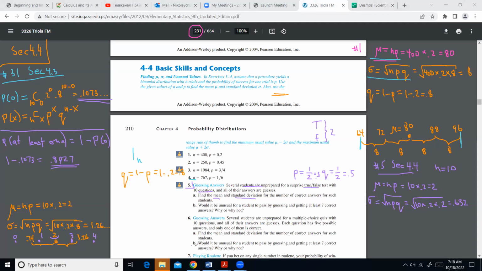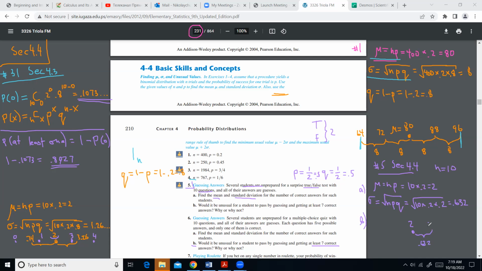Then part B says at least 7 correct answers. To pass, people need to get C or better, right? And C is like 70%. So if you got 70% or 80 or 90, then the person passed. So the question is, how likely is it to get that many correct guesses, based on your mean, which is 2, and the standard deviation, which is 0.63 something.